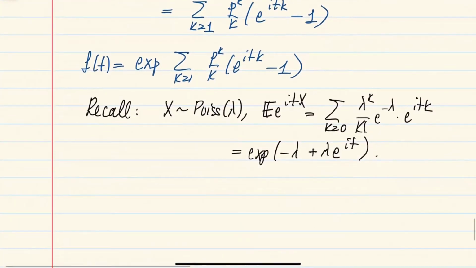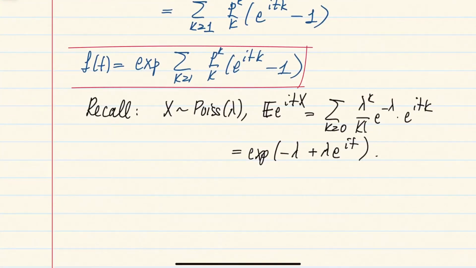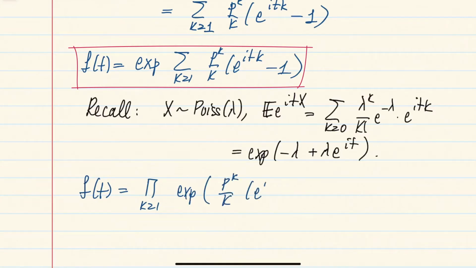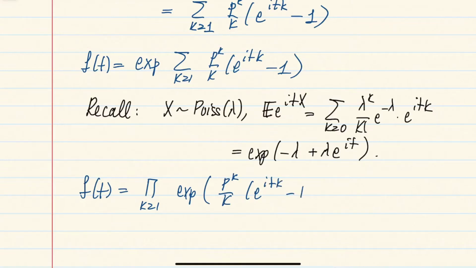And so in the above characteristic function, if we write this as a product over k of these exponents p^k over k times (e to the itk minus 1), we can see that each factor here resembles very much the Poisson characteristic function.